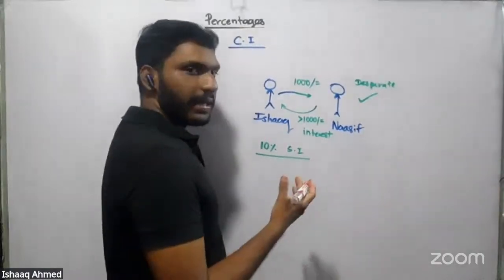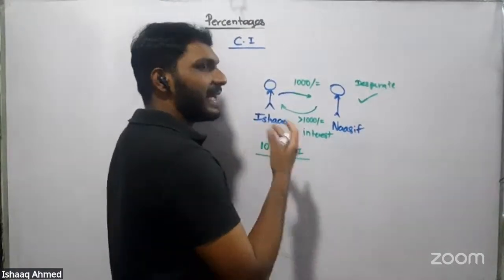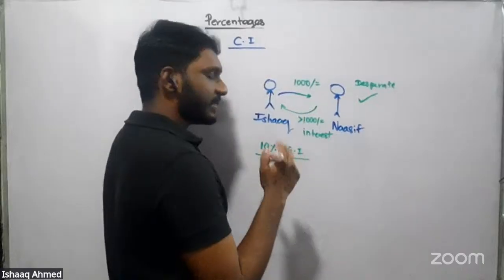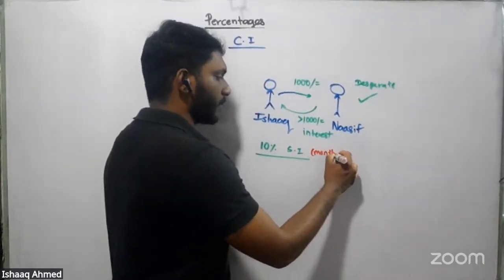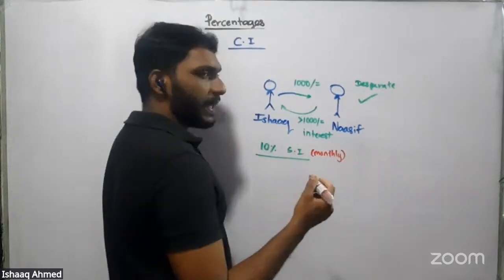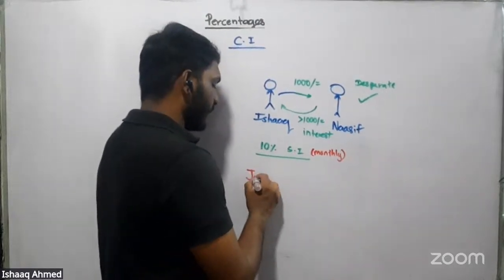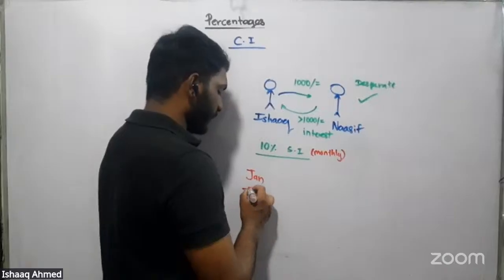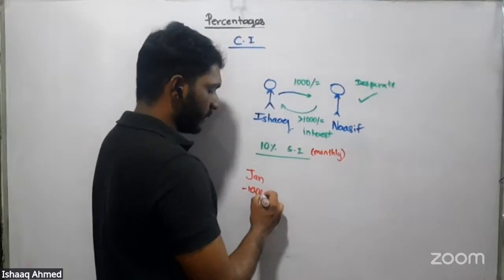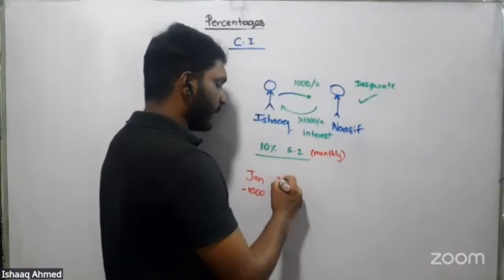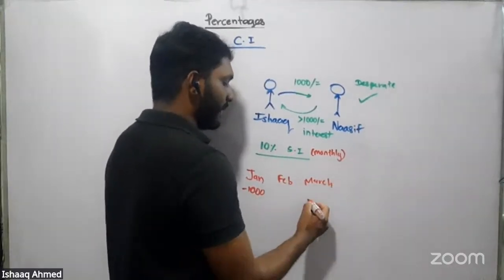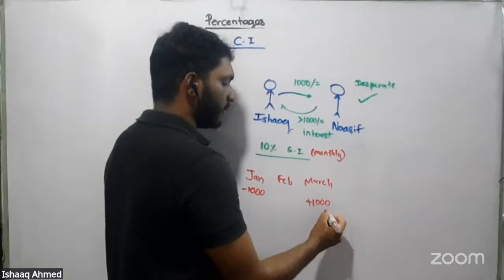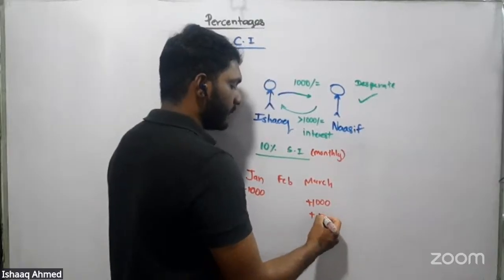Let's say he's paying back the loan in 2 months. If he borrows the money in January, then February, then March, he will pay me back 1,000 with some interest.